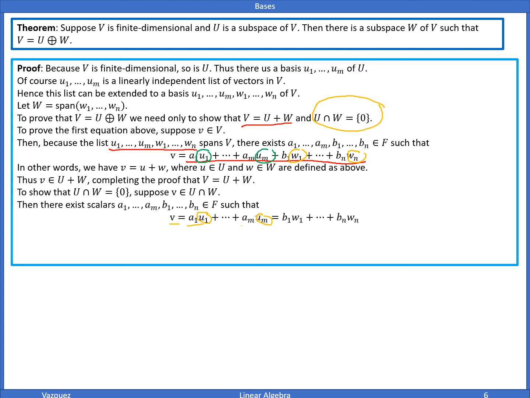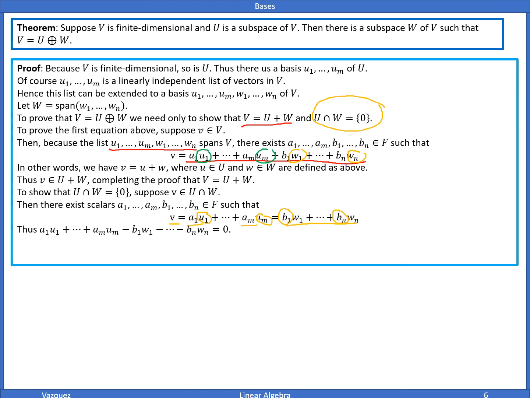Same thing with the w's: a linear combination of the vectors w1 to wn with scalars b1 to bn is also equal to v, because v is in the intersection.